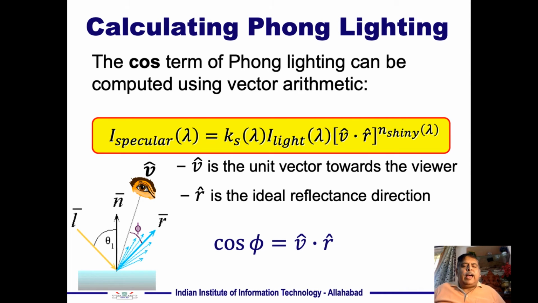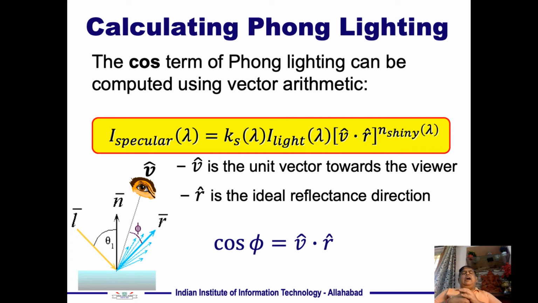So cos phi is equal to V cap dot R cap, and here you have (V cap dot R cap) to the power Nshiny lambda. Please note that Nshiny could vary with lambda to get other effects.